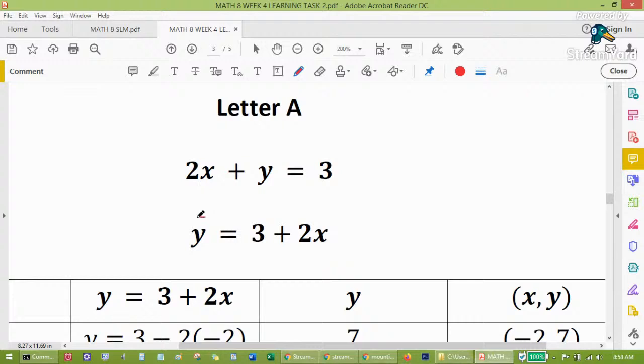Ibig sabihin, y lang ang nasa left side. Y lang ang nandito. So, itong 2x na to, ay ililipat natin sa kanan. Okay? So, y is equal to 3, hindi natin gagalawin yun. Ganun pa rin, ano? Y is equal to 3.